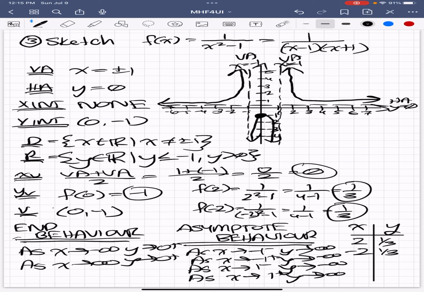Okay, so we have our extra points accounted for, and it's just a check for the accuracy of the graph. So when it's 2, it would be 1/3. When it's negative 2, it's also 1/3.